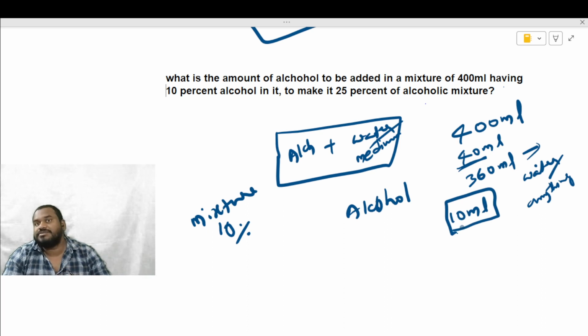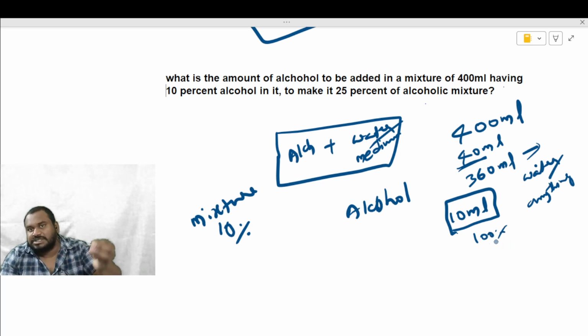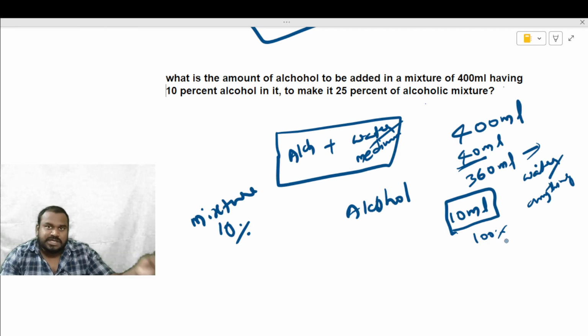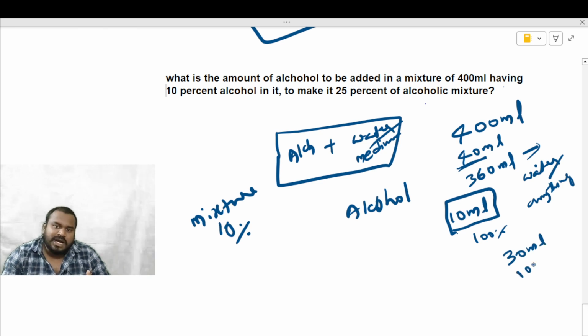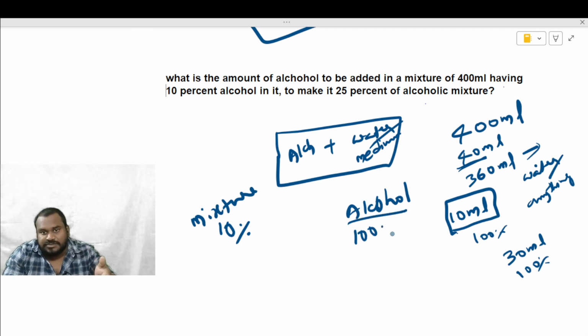How much percentage of alcohol is there in this? 100%. Because I'm not saying it's a mixture, I'm just directly taking 10 ml of alcohol. The alcohol percentage is 100% only. So if I take 30 ml of alcohol, what is the alcohol percentage? It means 100% only. If I take alcohol, that alcohol percent will obviously be 100.